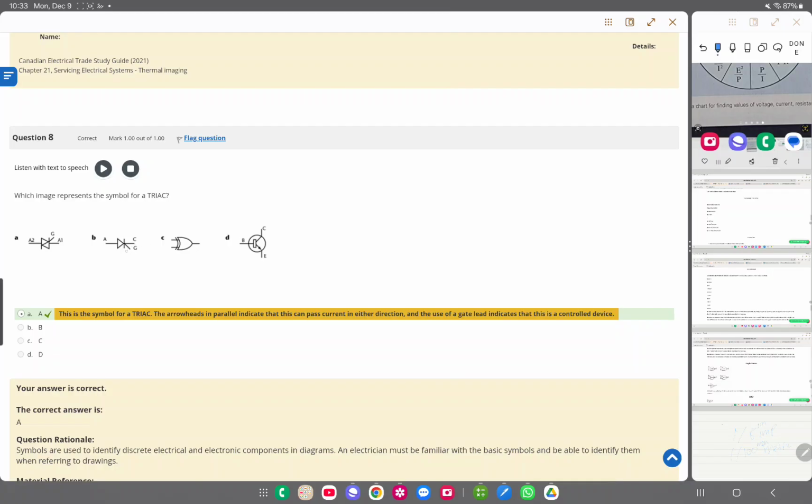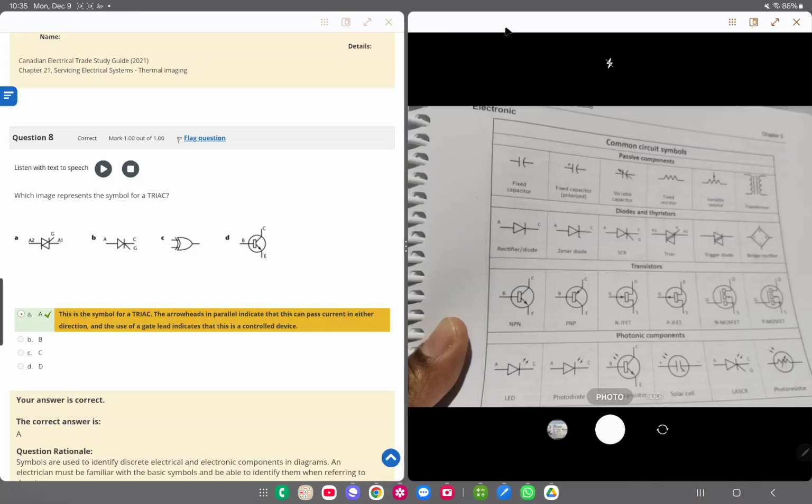And I'm going to find out what B would be. C and D would be NPN, definitely. So C looks like an OR gate, but it looks a little bit different. So hold on, give me 1 minute.